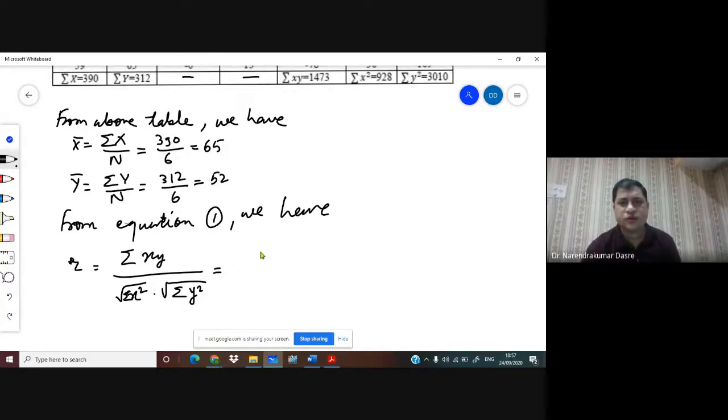So it is 1473 on square root of 928, and here we have square root of 3010.